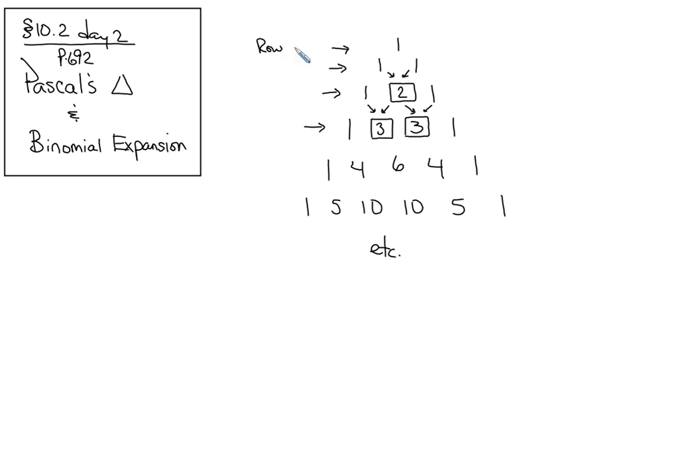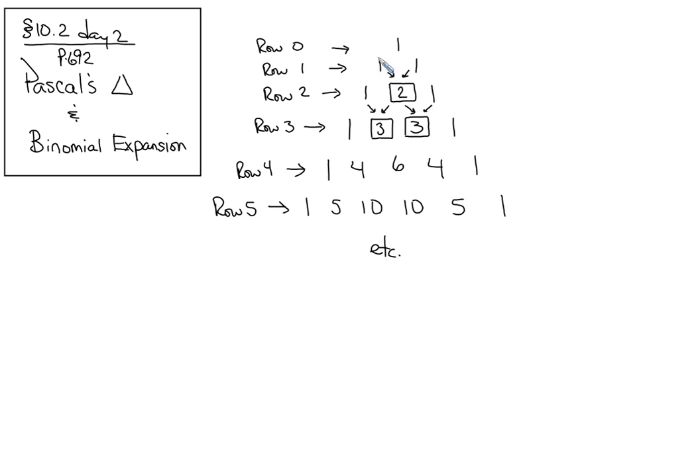And so this is known as row 0, row 1, row 2, row 3, row 4, row 5, etc. So notice it starts with row 0, not row 1.